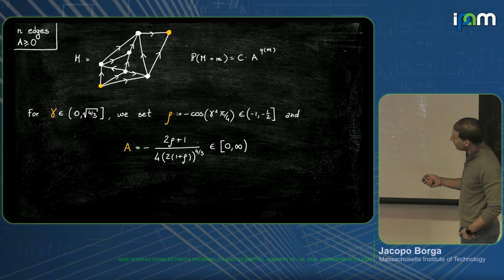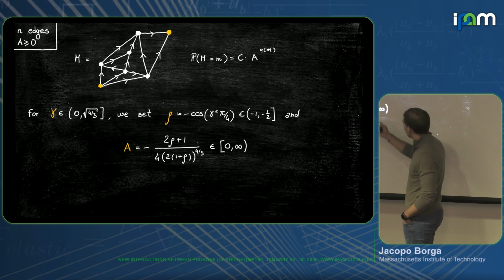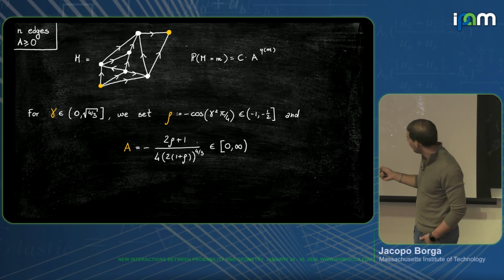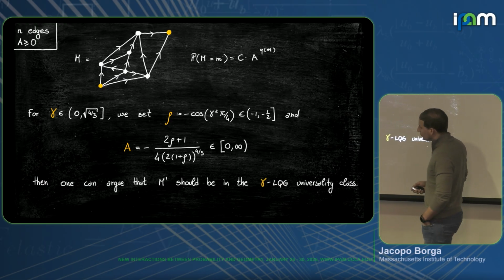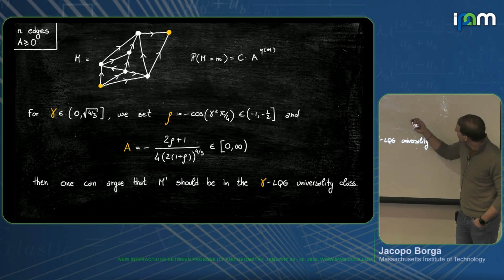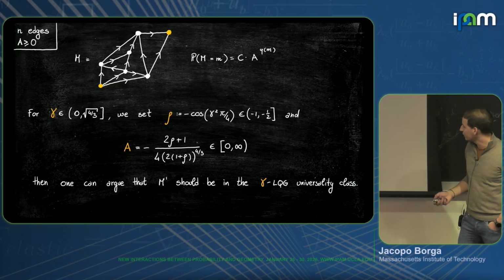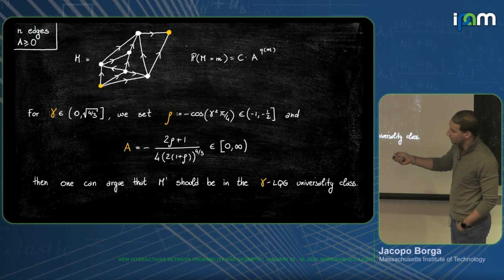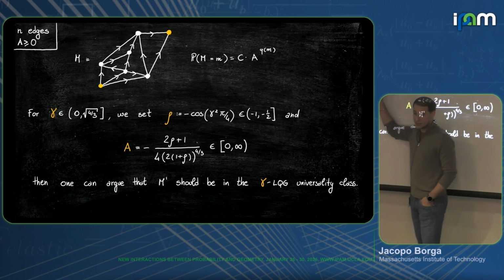So if you set gamma between 0 and square root of 4/3, and you define rho to be minus cosine of this quantity, and you take A to be this ugly value, then you can argue that a planar map M reweighted by this law with this exact value of A is in the gamma-Liouville quantum gravity universality class for the gamma that we fix. So all my quantities will be fixed when you fix gamma.